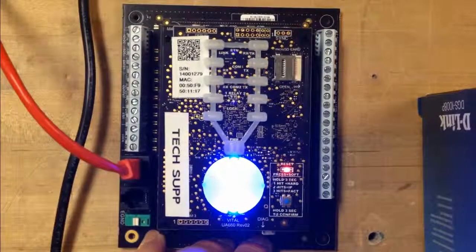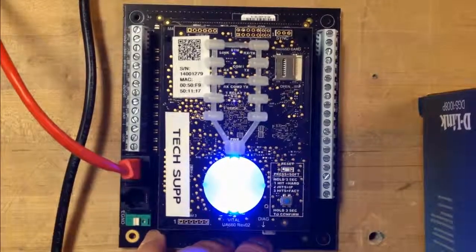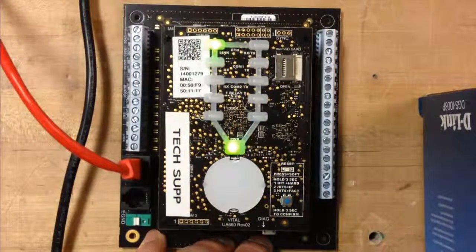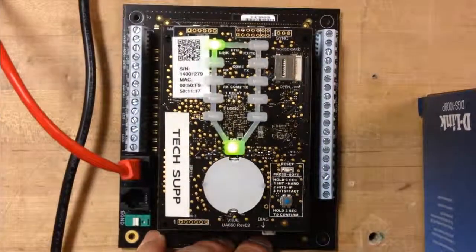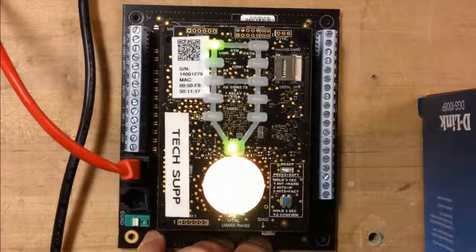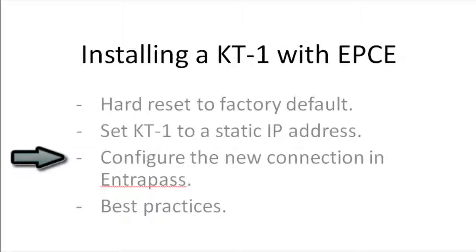As you can see, the KT1 reboots again. And once it's done rebooting, we can see that it's on a static IP address with the 3 long flashes and then a pause.